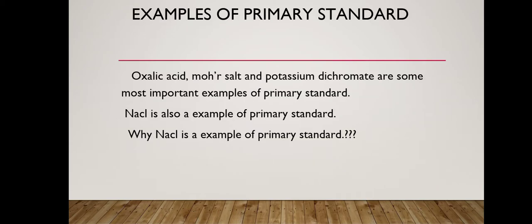Examples of primary standard: oxalic acid, Mohr's salt, and potassium dichromate are some of the most important examples of primary standard. NaCl is also an example of primary standard. Why is NaCl an example of primary standard?